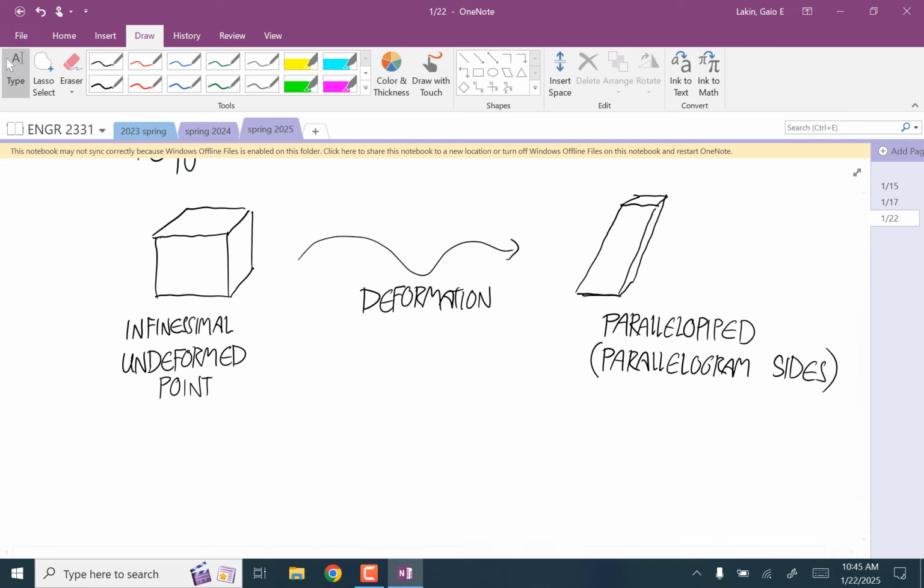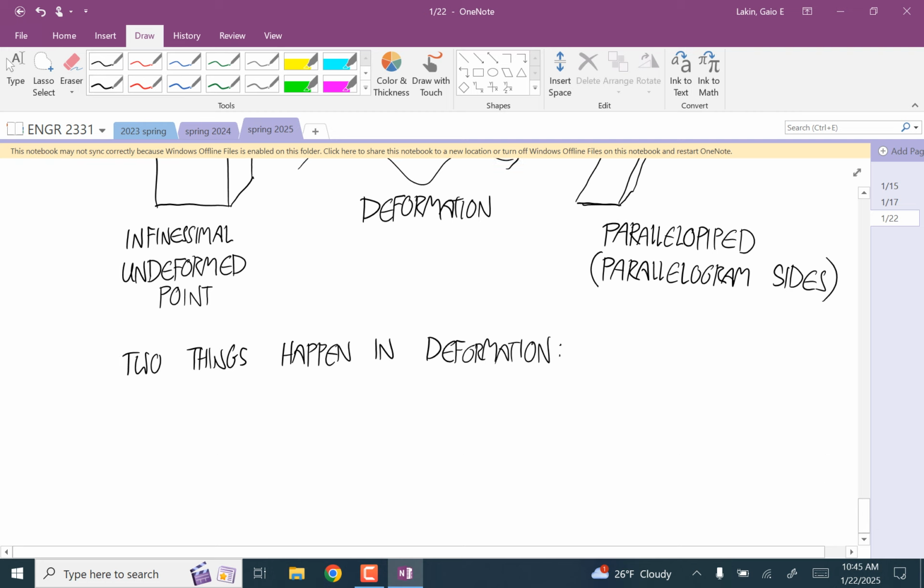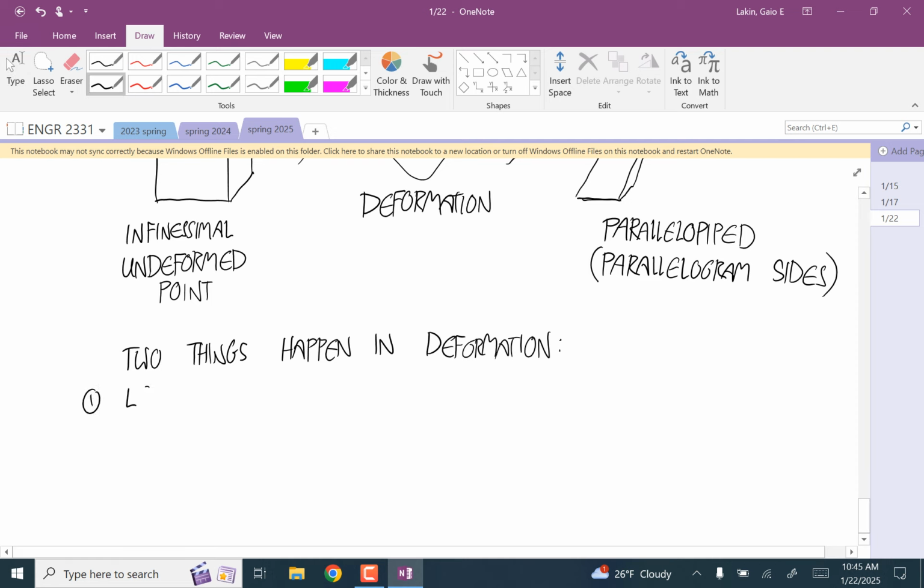Okay, so there are two things that happen in this deformation. Those are length changes, and those are going to be defined by the normal strains.